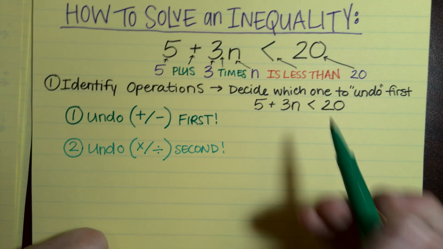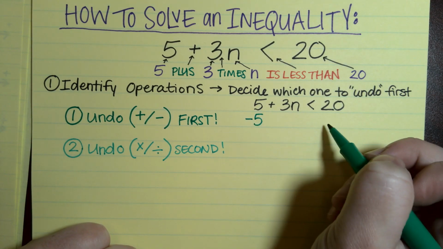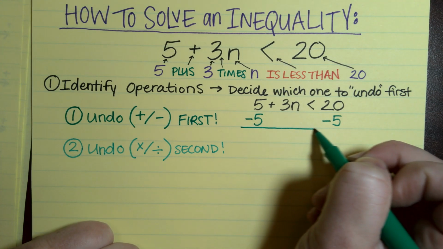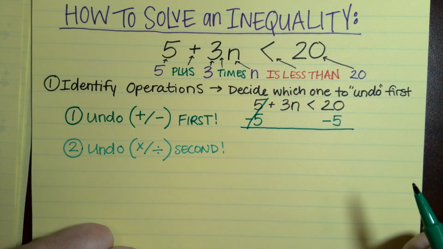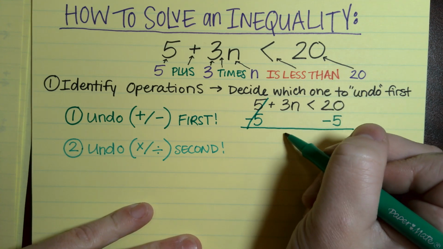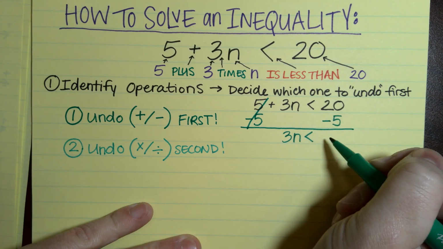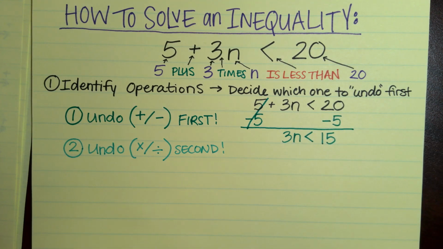Minus 5 on each. Yes, we're going to subtract 5 on each side. All right, and we know that's going to make our 5's gone. And we would be left with 3 times n is less than 20 minus 5, 15.